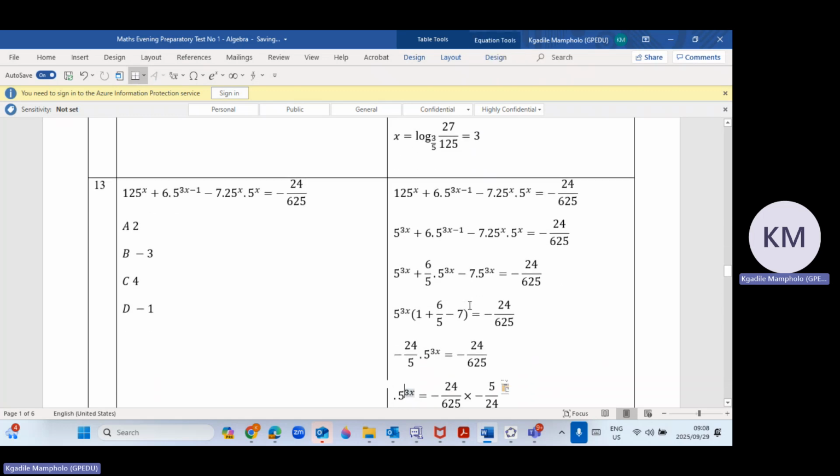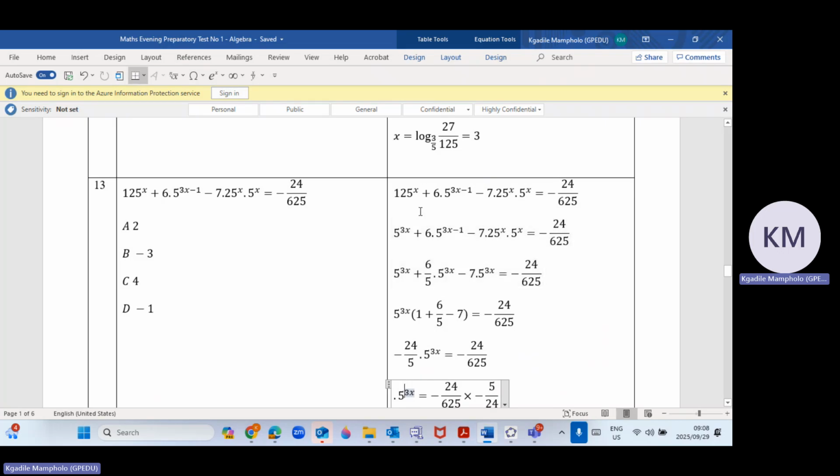Number 13, 1 over 25 to the power x. Remember, if you have terms with the power with the same bases and same exponents, so it's not a trinomial, then you take out the common factor.